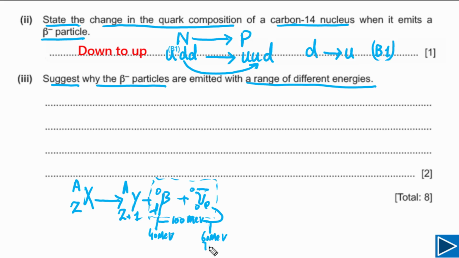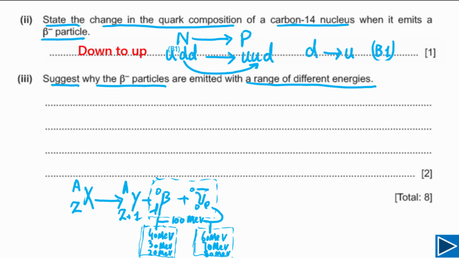If the energy of this electron antineutrino is 70 mega electron volt, then the energy of this one will be 30 mega electron volt. If the energy of this one is 80, the energy of the beta minus particle will be 20 mega electron volt. So this is telling us that the energy is shared between these two particles. The energy of the electron antineutrino is more than 50% most of the time, and the energy of the beta minus particle will be less than 50% of the total energy of these particles.